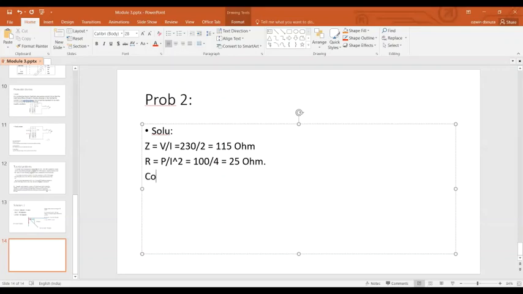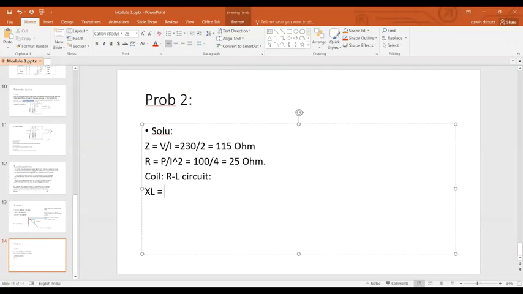You have been given the information that the circuit is a coil, right? So coil means it is always an RL circuit. So you can find the XL value.